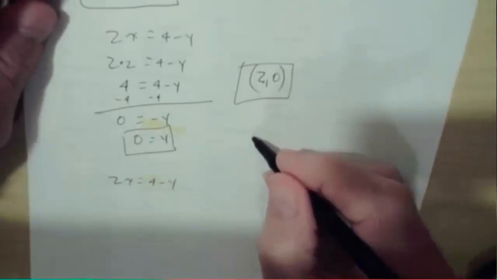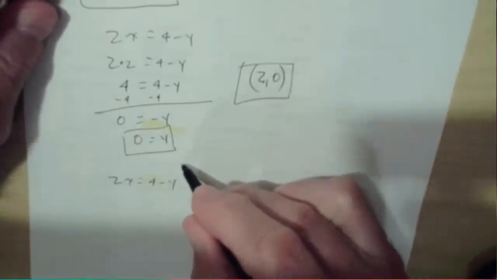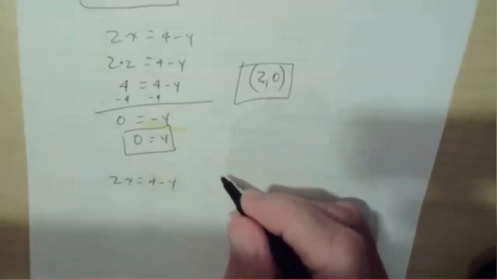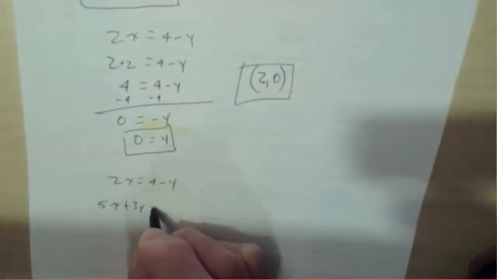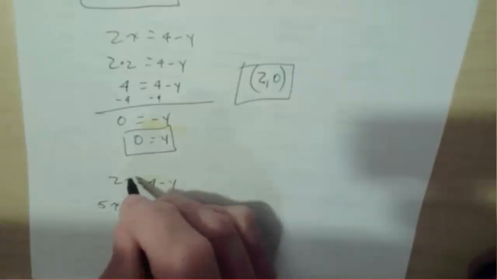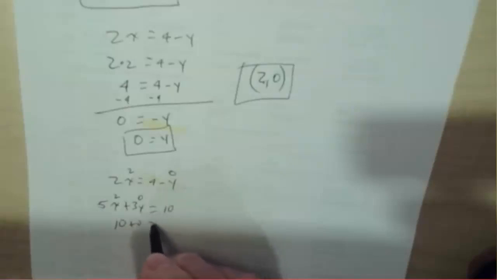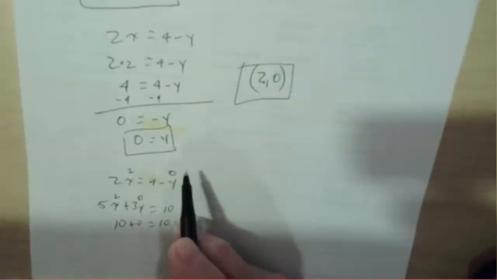Extraneous solutions are solutions that do not work, where one side doesn't equal the other side. They're bad solutions. Okay, and 5x plus 3y equals 10. So we put 2 in for the x's and 0 in for the y's. 5 times 2 is 10, plus 0 equals 10, so that one's correct.